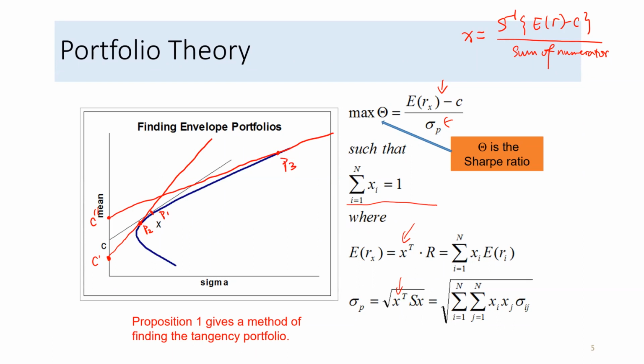We say P3. If we change this constant C multiple times, then we'll have multiple different envelope portfolios lying on the edge of this frontier. So then we can plot them and maybe connect them. You're going to see a frontier like this.